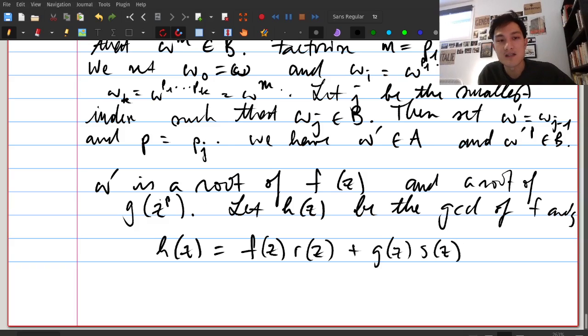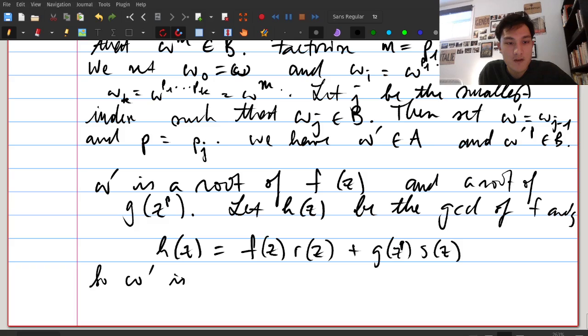What I just want to say is that omega prime is a root of f of z, and, sorry, there's a p here, omega prime is also a root of g of z to the p. So it's a root of this whole thing, right? It makes h of z 0.